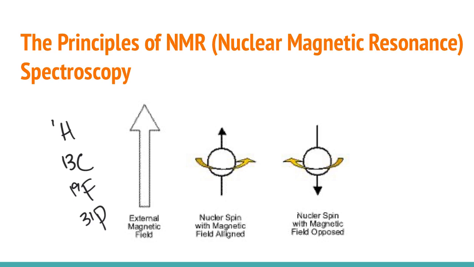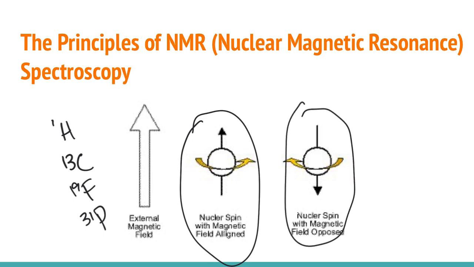When it aligns itself with the magnetic field, as in this first image, that's a pretty low energy state because they're not opposing one another. Whereas when it aligns itself opposed to the external magnetic field, it's at a much higher energy.